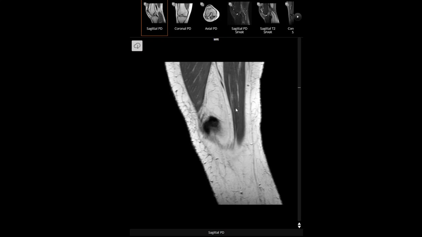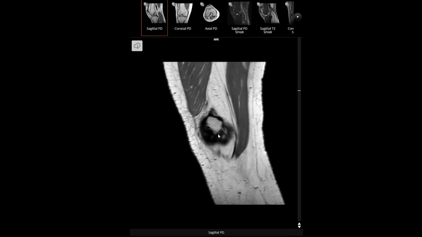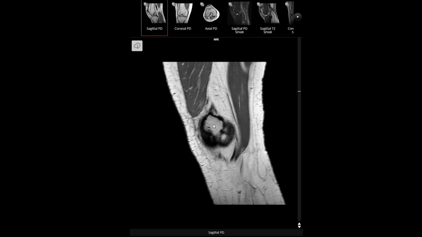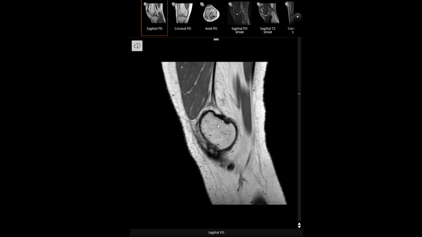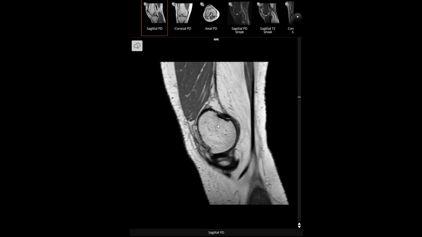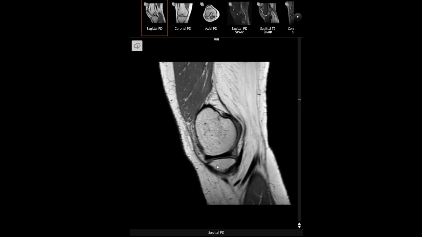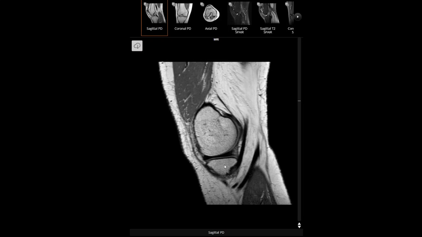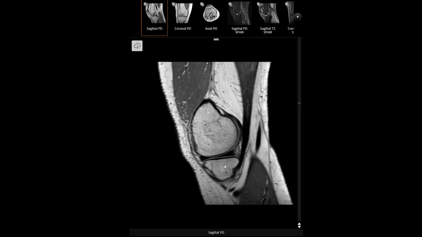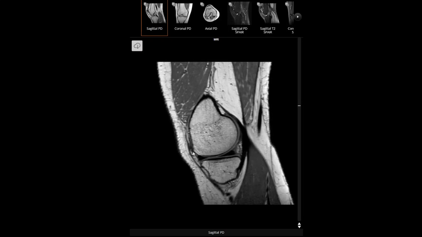This should include the adductor muscles, plus it should also include the semimembranosus and semitendinosus. We will come to see which one, and this should be the beginning of the medial epicondyle and the medial condyle of femur, right? And then below that we just start seeing the beginning of the medial condyle of tibia, right? And then we start seeing this is the anterior part and posterior part of the medial meniscus.